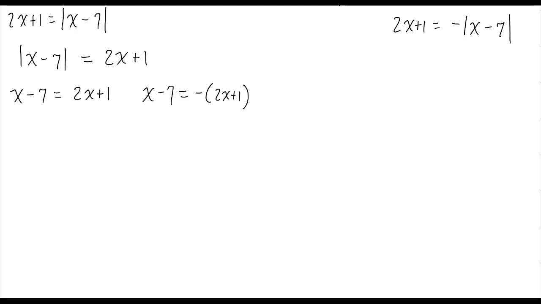I'll go ahead and put a little boundary here. Okay, I want to cancel out the x's on the right side and the constants on the left side. So let's do that one at a time. To cancel out the 2x, I'm going to subtract 2x from both sides. Okay, and then to cancel out that constant, that minus 7, I'm going to add 7 to both sides.